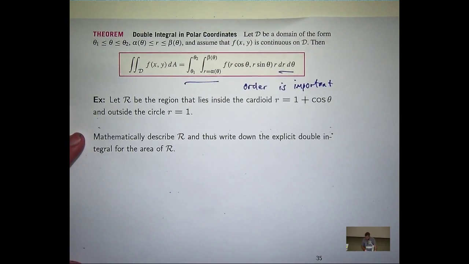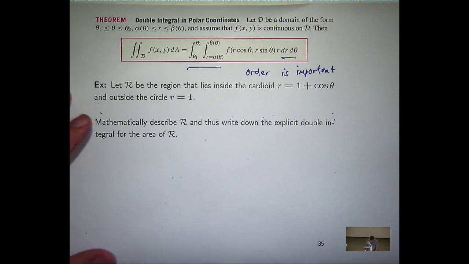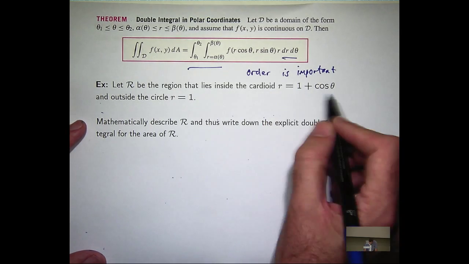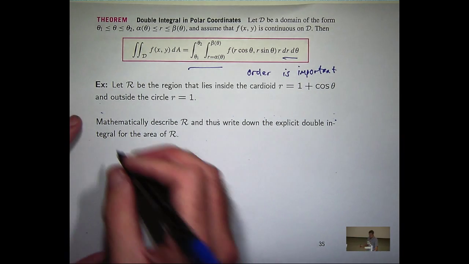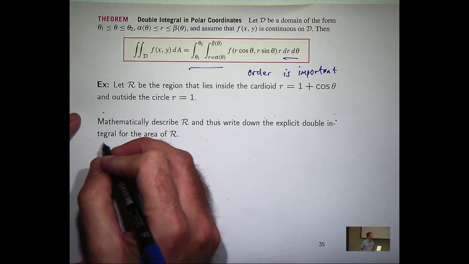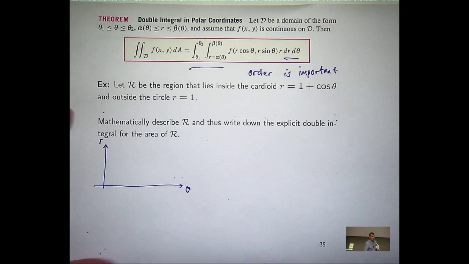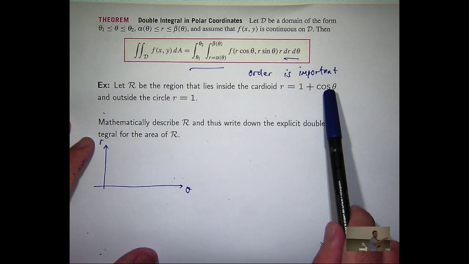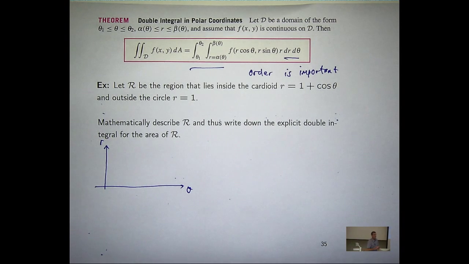So the way I'm going to do that, I'm just going to draw this function on this set of axes. Now, essentially, this is just the cosine curve shifted up 1 unit.